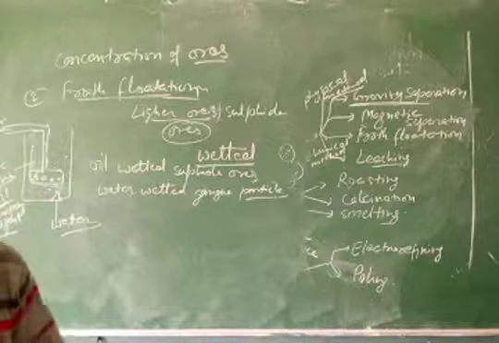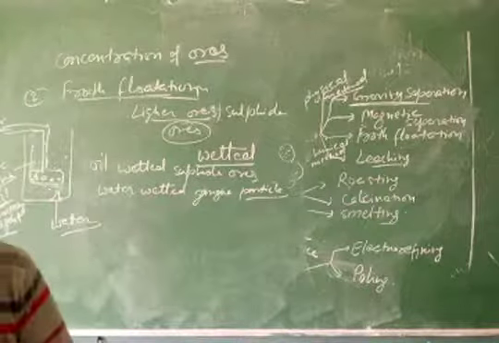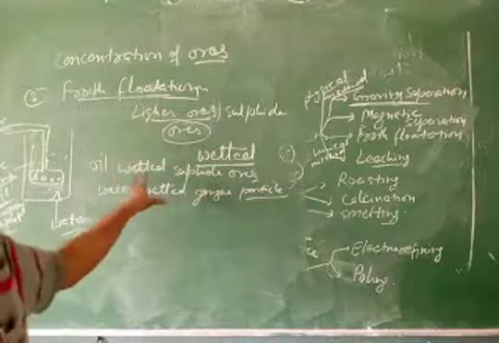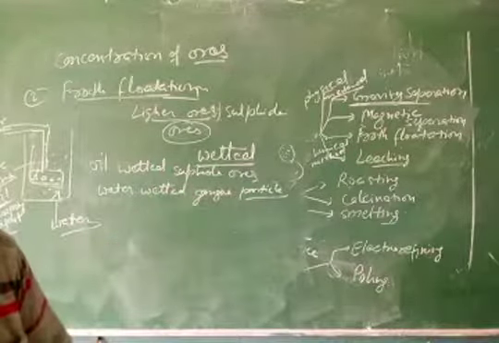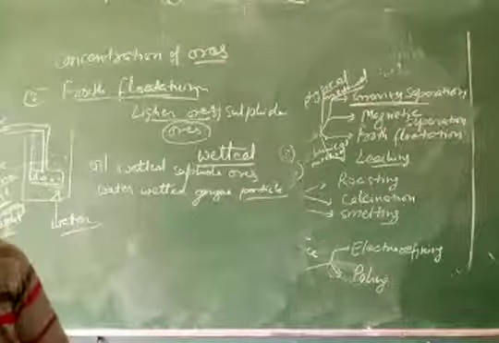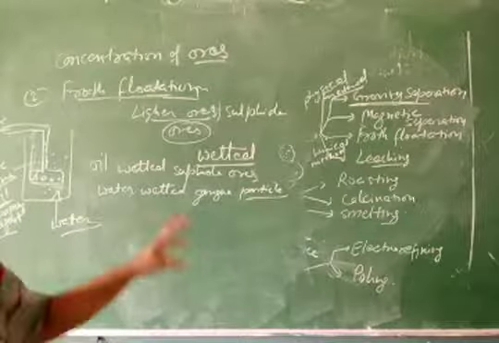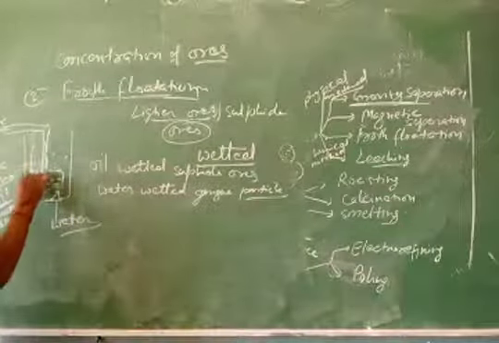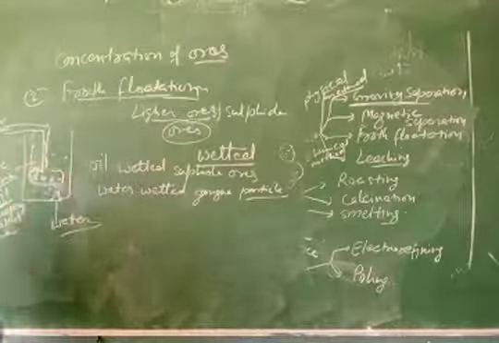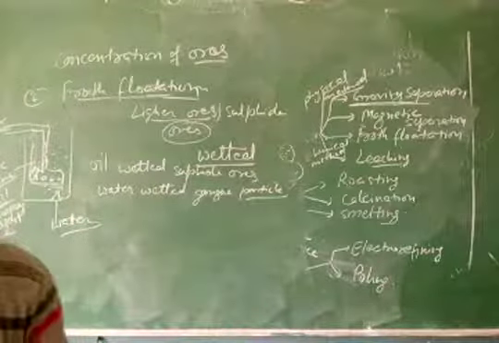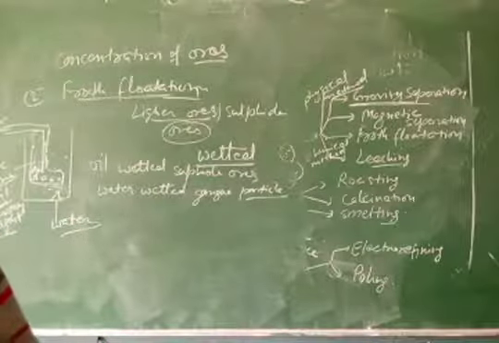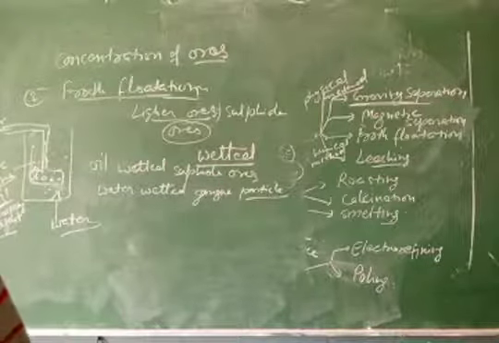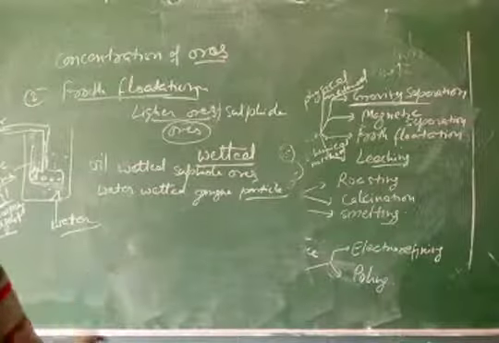So the whole mass of ore is agitated by flowing air through it. The fine oil forms froth with the air, and with that froth, the ore particles which are wetted with oil rise to the surface.